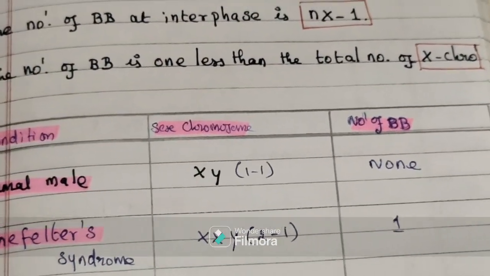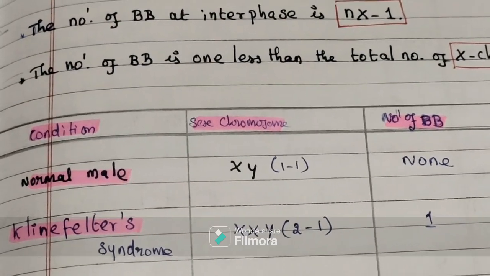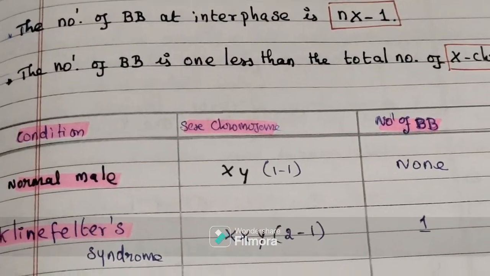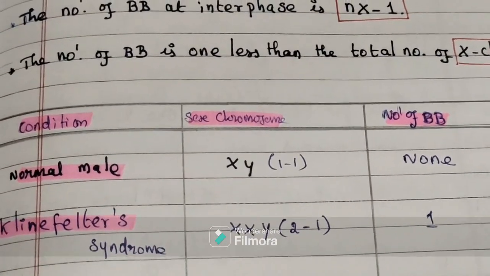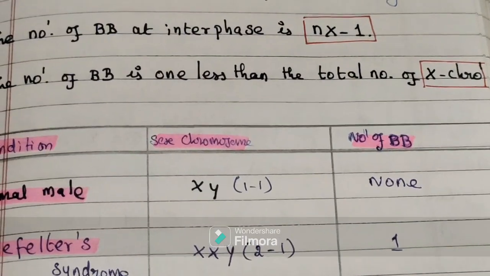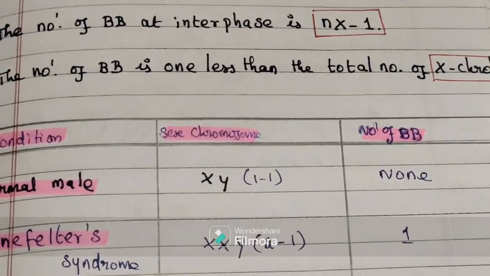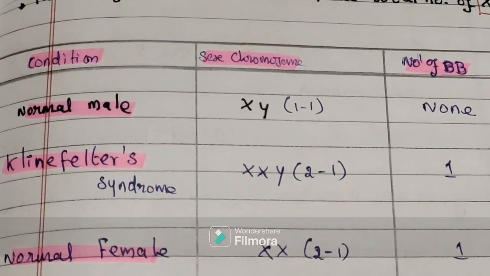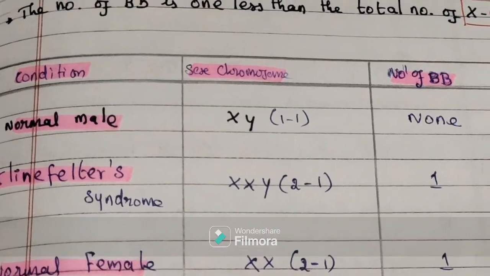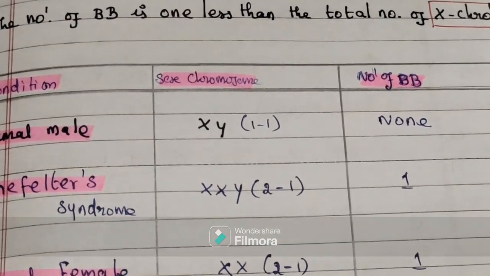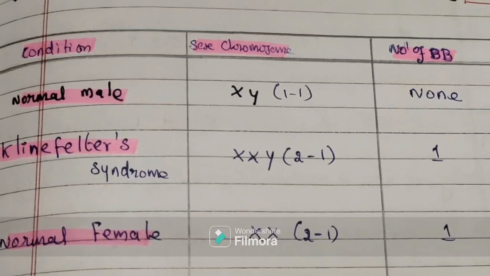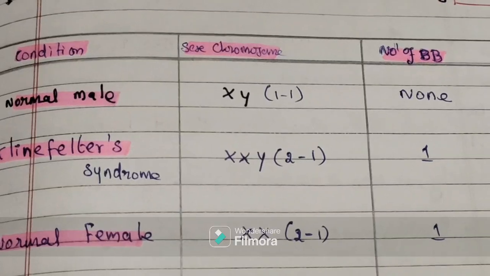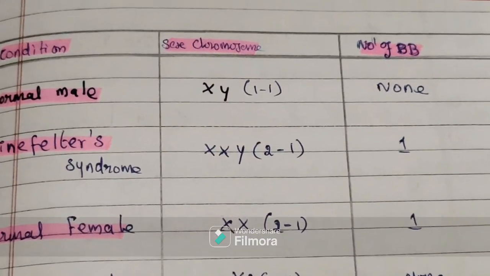For example, a normal male with XY genotype has 1 minus 1, that is, no Barr bodies. In Klinefelter syndrome, you have 2 X chromosomes, so the number of Barr bodies is 2 minus 1 equals 1. The normal female has 2 X chromosomes, so 2 minus 1, one being silenced. We have 1 Barr body.